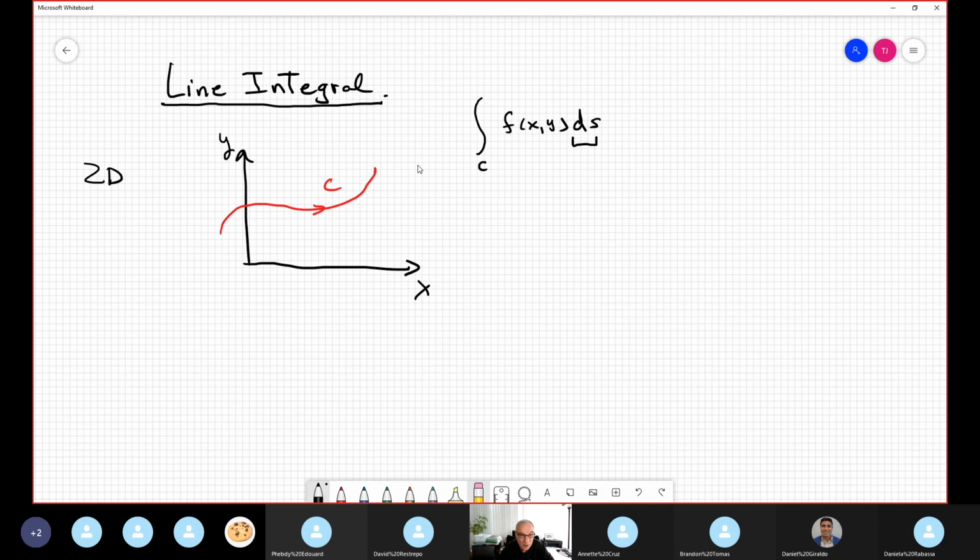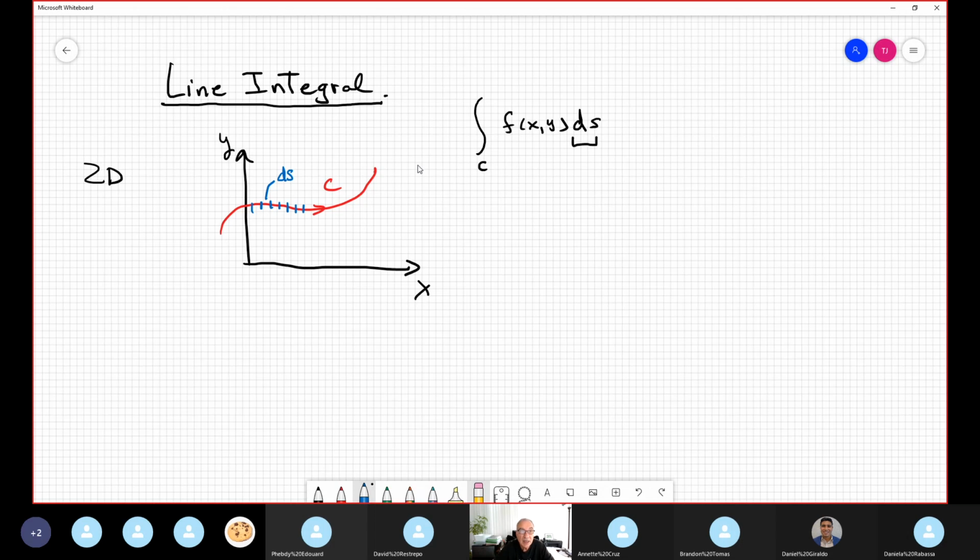Who is ds? For example, you can remember the Riemann sum. We have a function in 2D or in 3D, and a region. In this case, the ambient space is 2D. However, the object is 1D because it's a curve. You chop this line into different pieces, and each piece is my famous ds.